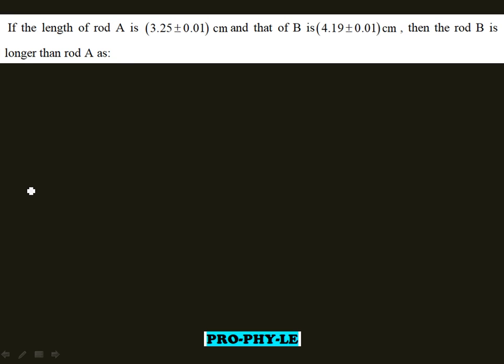If the length of rod A is given as 3.25 plus or minus 0.01 centimeter and the length of rod B is given as 4.19 plus or minus 0.01 centimeter, then rod B is longer than rod A by... See, rod A has length 3.25 centimeters and the error in measuring the length of rod A is 0.01 centimeter, and the length of rod B is 4.19 centimeter.